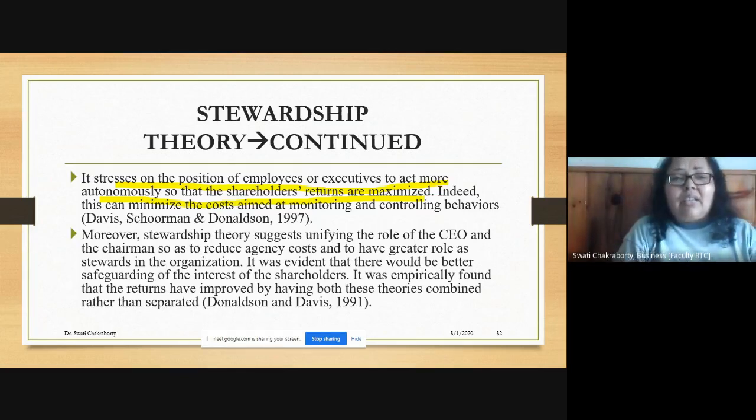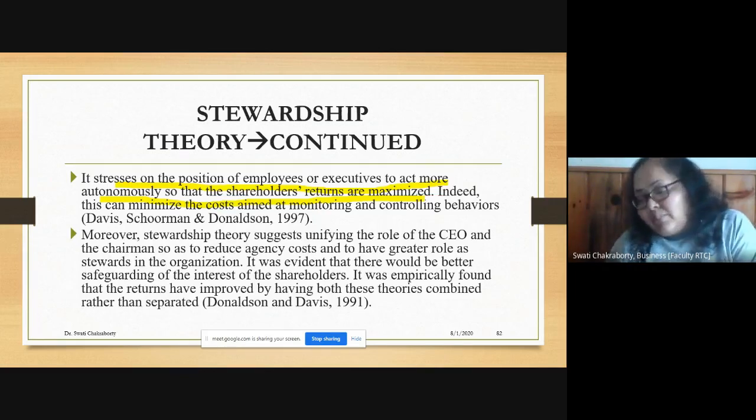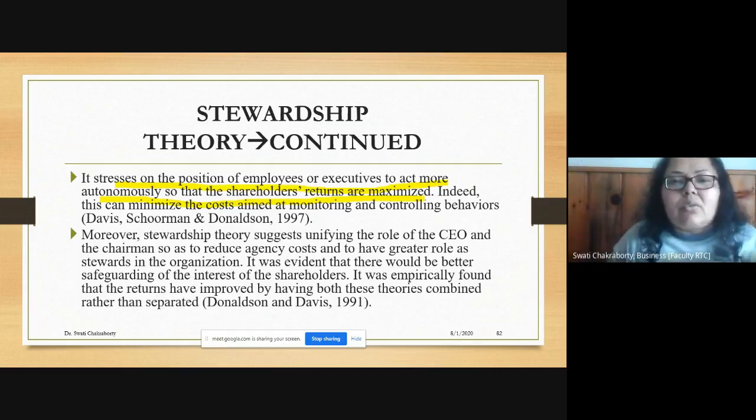It says you should be working autonomously, you should take decisions to ensure that the shareholders' returns are maximized. You should be acting rather not dependent and rather not getting carried away. So that talks also about your responsibilities.